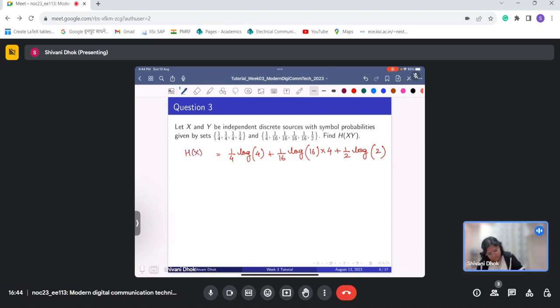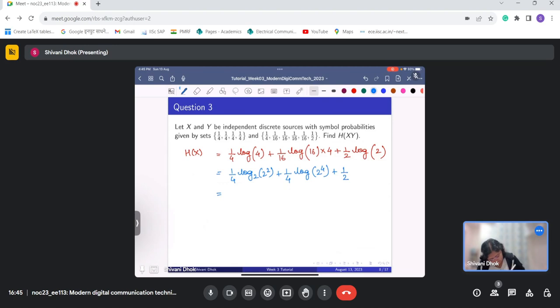So this is what we are having. Now this I can write as 1 by 4 into log of 2 square, plus this 4 by 16 comes out to be 1 by 4 into log of 2 to the power 4, plus 1 by 2 into log 2 to the base 2, which is simply 1, so this comes out to be 1 by 2.